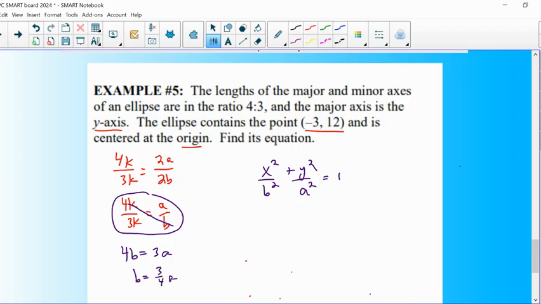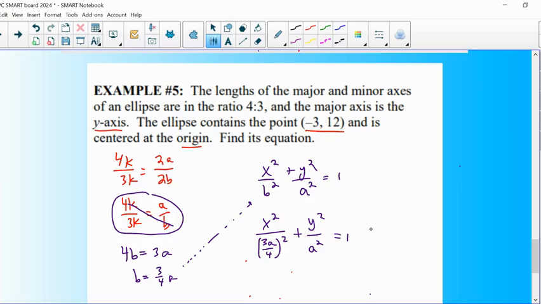Dividing the 4 across. So that might be helpful. If I know what b is equal to, I could put that in right there. So I have x squared over (3a over 4) squared, plus y squared over a squared is equal to 1.